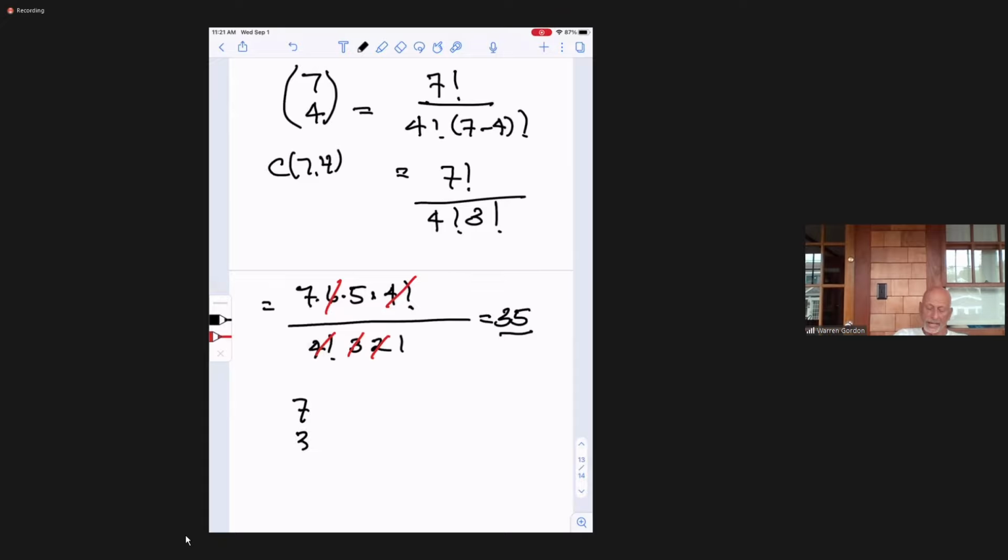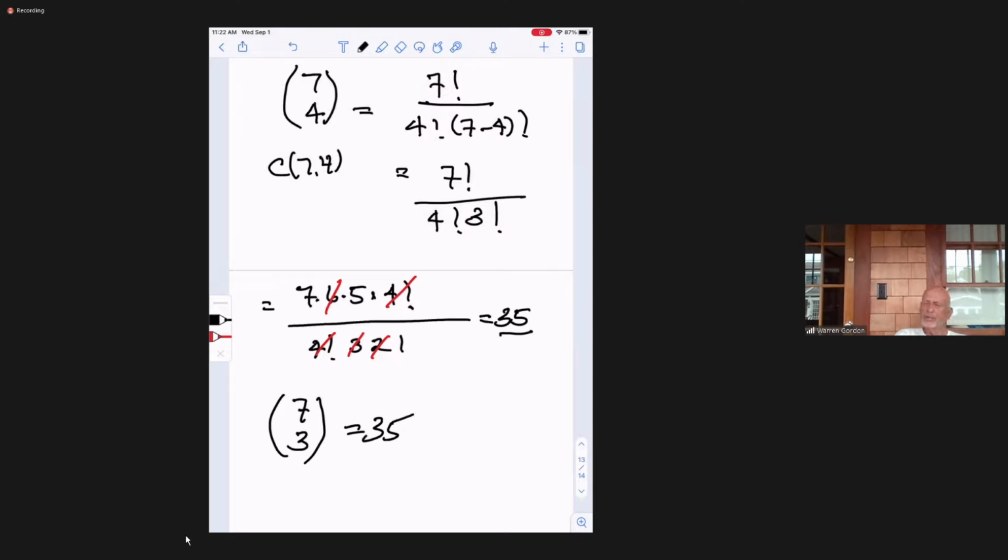Without doing any work, can anybody tell me what the answer to this problem has to be? Well, if you do the work, you'll see you're going to get 7 factorial divided by 3 factorial, 4 factorial, which is the same as this right here. So this is also going to be 35.